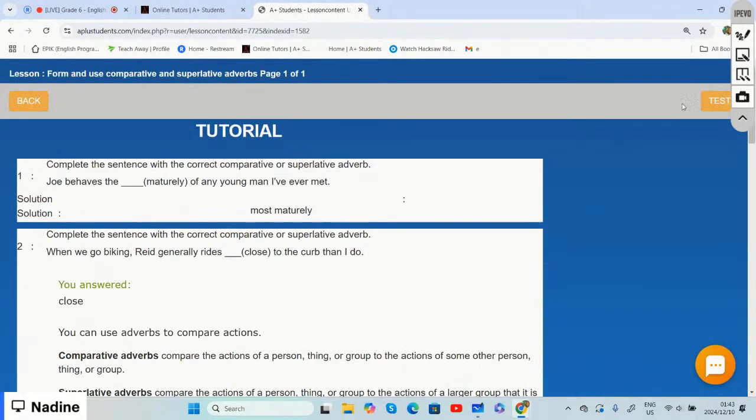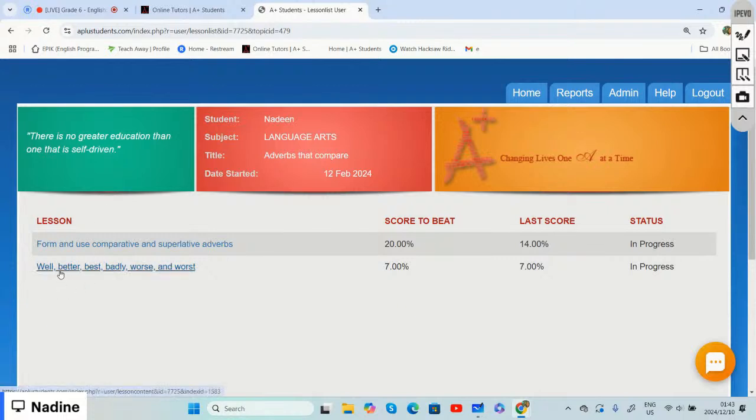All right. I think when it comes to the adverbs that make mention of either well, better, best, badly, worse, or worst, that is something we're going to do in our next lesson, because that is basically already a lesson on its own.